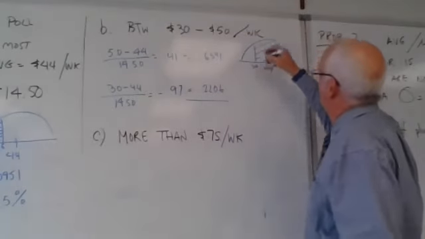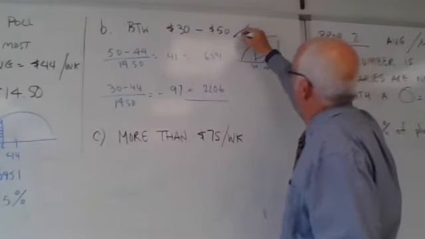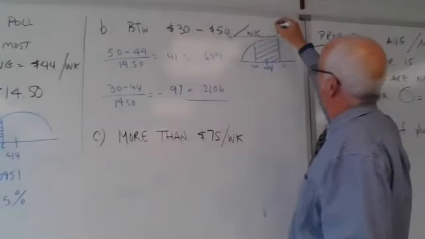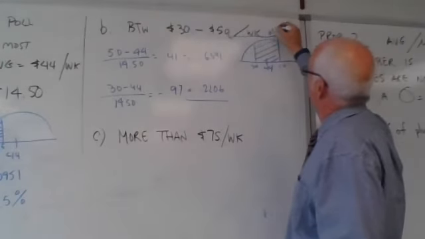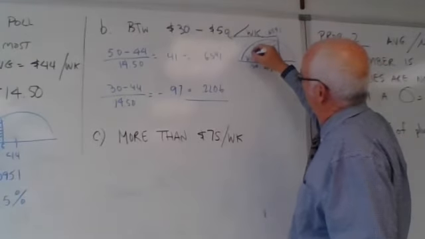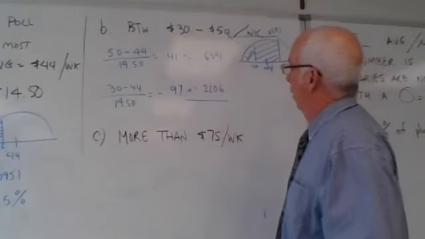So that 0.6591 is really all the area from 50 all the way back to the left side of the curve. And the 0.2206 is really this hollow area right here that we don't want. So we need to take that out of this just by subtracting.